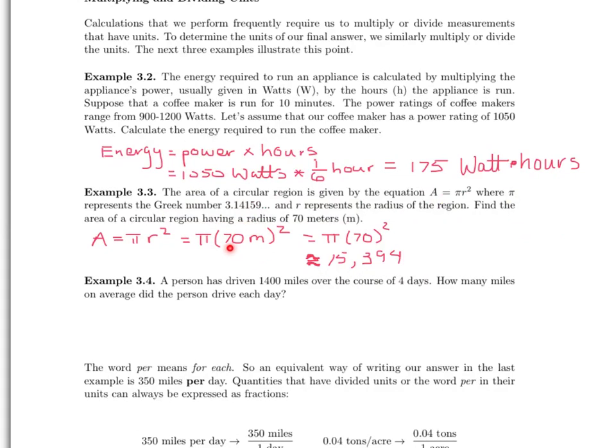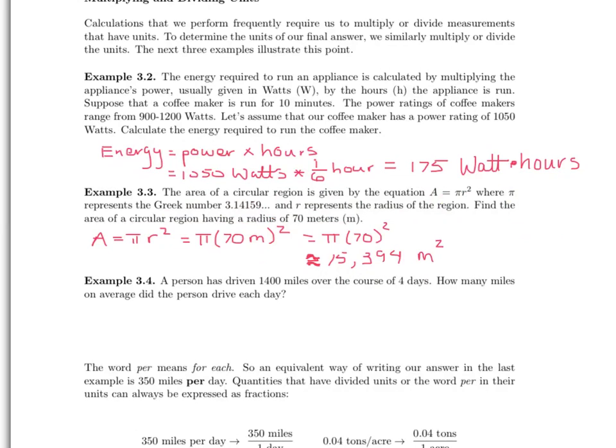Not only is the 70 being squared, so is the meters. We're taking meters times meters. So our units in our resulting answer are going to be meters times meters, or in other words, meters squared. So this would be square meters, or meters squared.